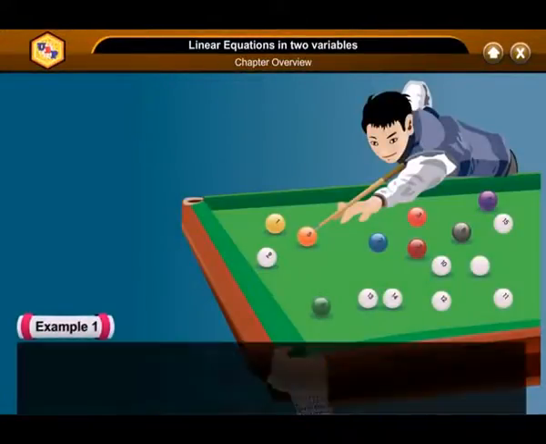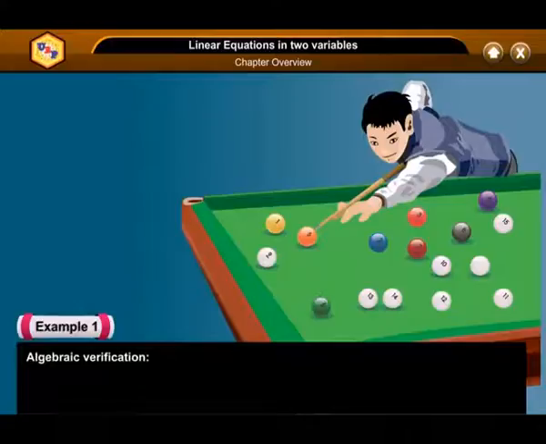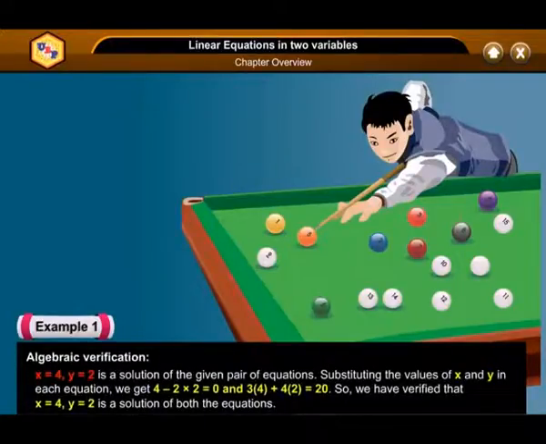Example 1. Algebraic verification. x = 4, y = 2 is a solution of the given pair of equations. Substituting the values of x and y in each equation, we get 4 - 2 × 2 = 0 and 3 × 4 + 4 × 2 = 20.